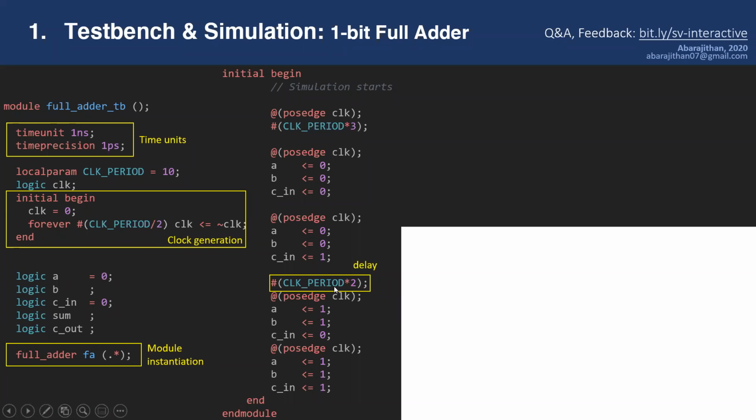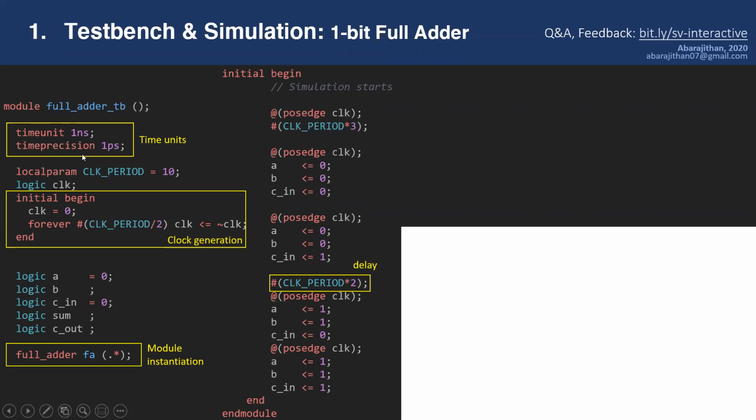The unit is this time unit, which we declare here. Afterwards we can say hash 5, hash 10, and so on. It's 1 nanosecond, which means this delay will be 10 into 2, which is 20 nanoseconds.